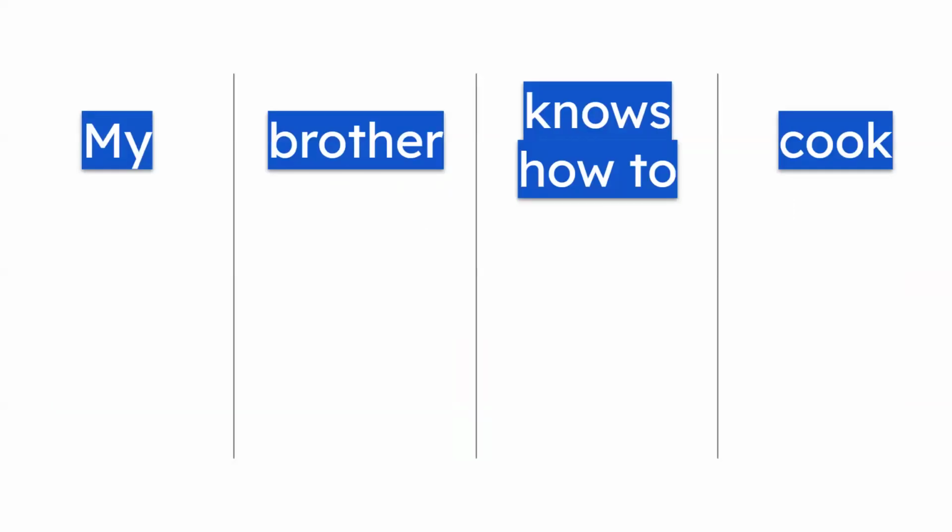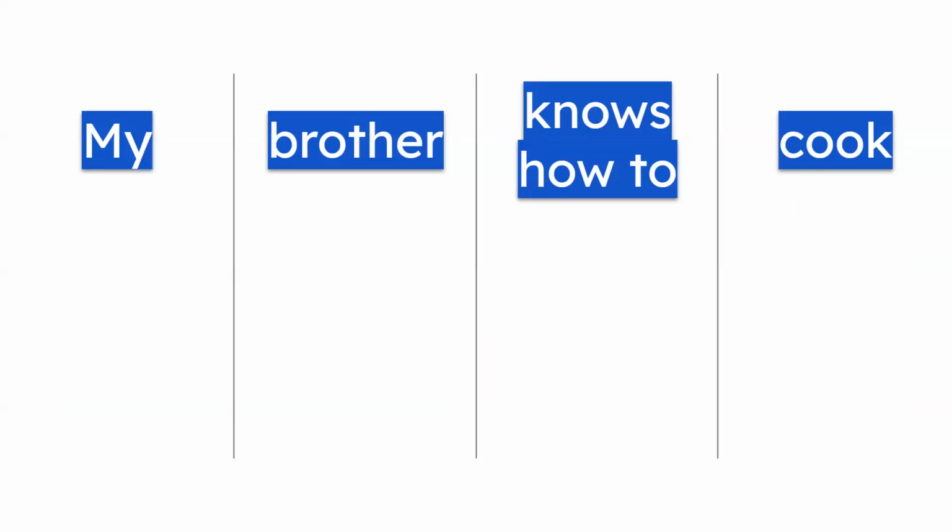And the first sentence we have is a very simple one. My brother knows how to cook. If you've been watching my videos, I think you are almost able to say this perfectly, right?